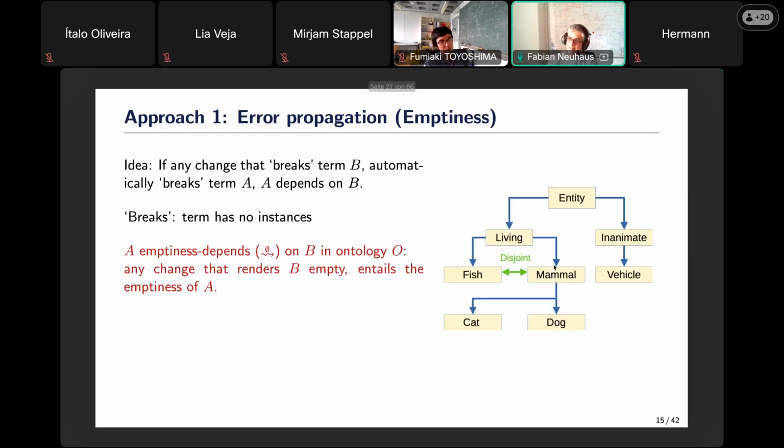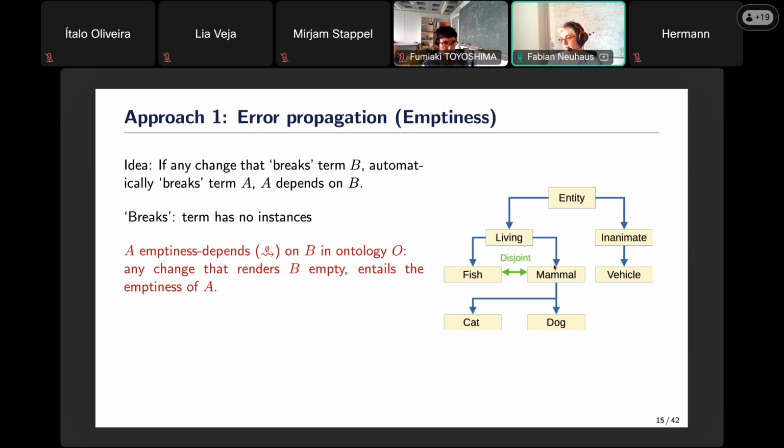And if this error propagates across the axioms in the ontology, then this constitutes a kind of dependency, which we call emptiness dependency. So the definition would be: A emptiness-depends on B in an ontology O if any change that renders B empty entails the emptiness of A. Now this is semi-formal. We stated that, of course, in clear logic, but I think it's better to provide just the intuition here.